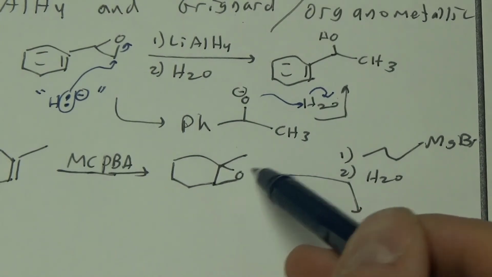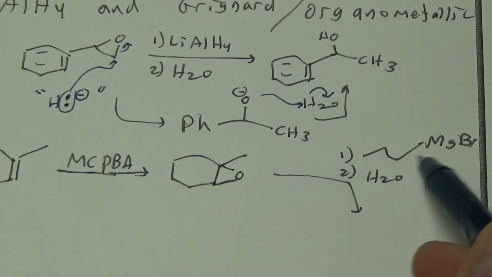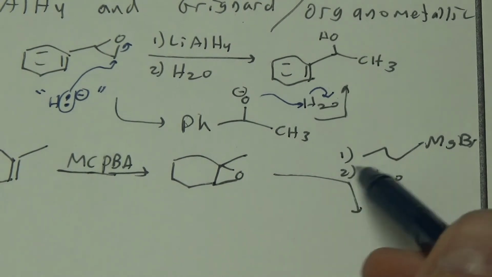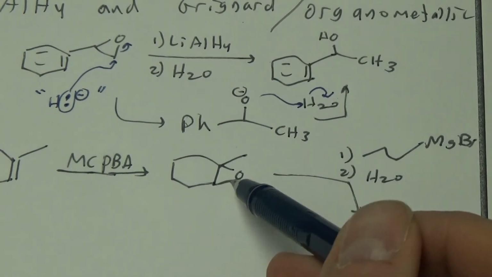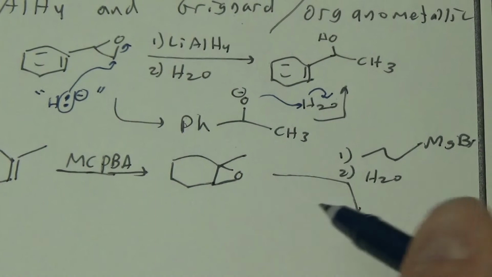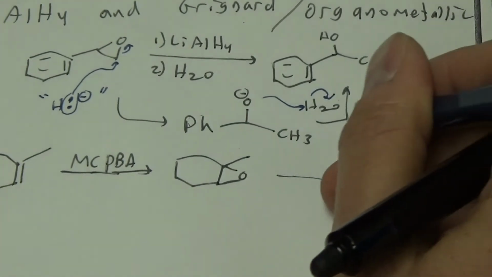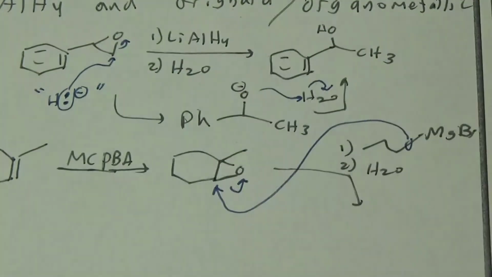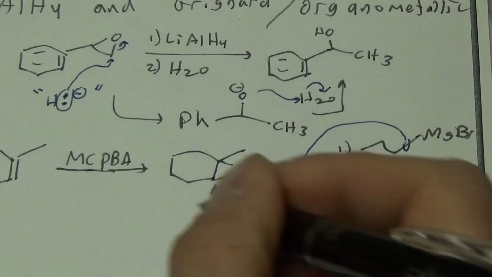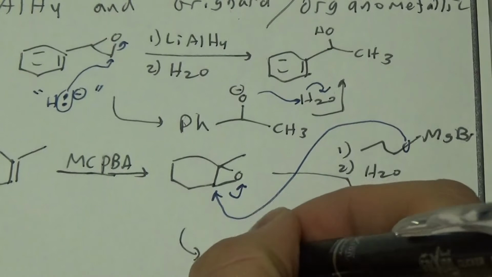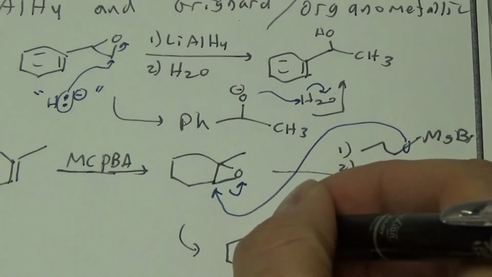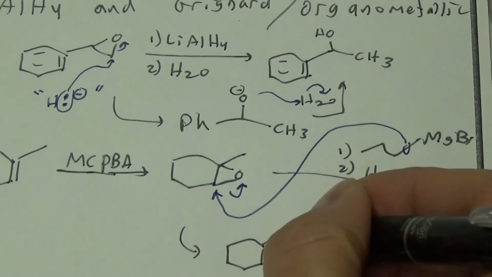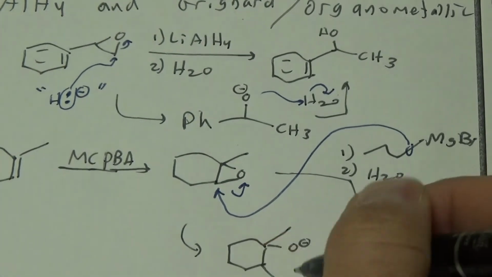All these non-acidic nucleophiles will attack SN2 style, which would be the bottom in this case, the least hindered site. Circle the nucleophilic propyl group. Okay, so there's an intermediate. Propyl.